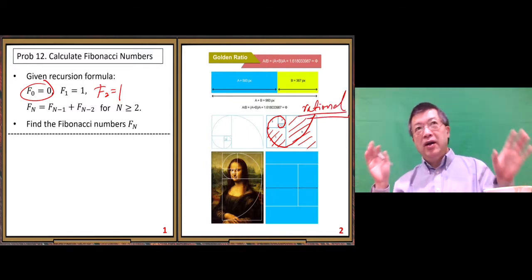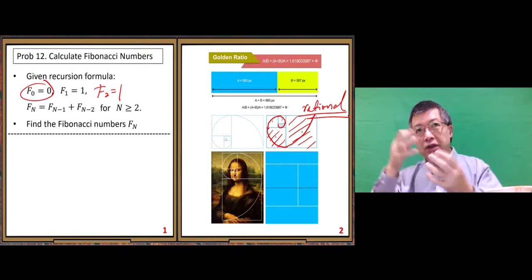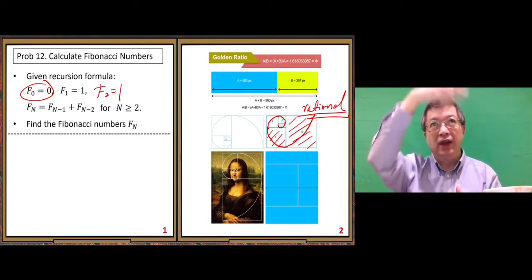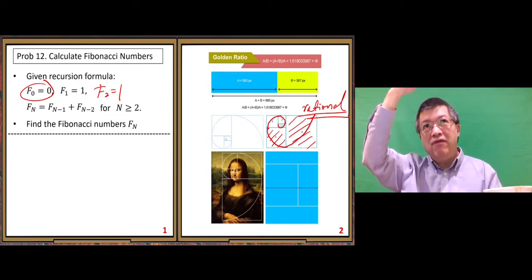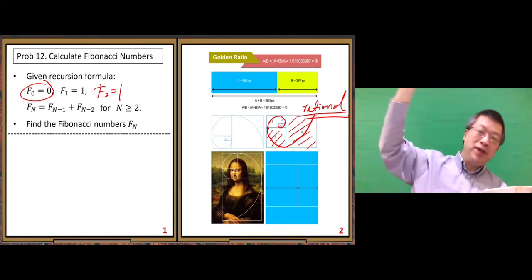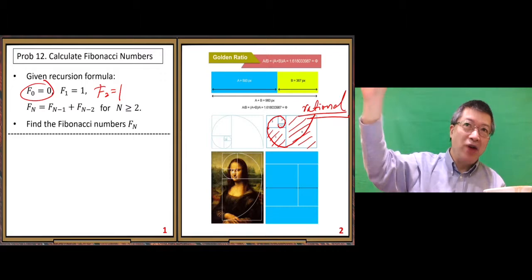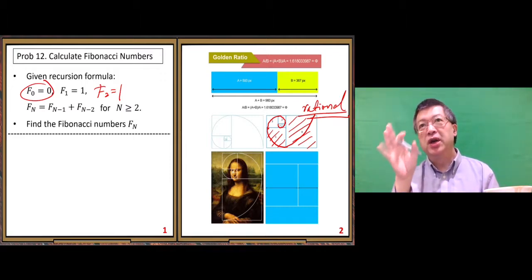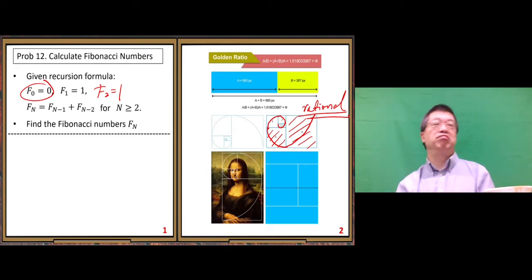This rational number keeps changing, right? Every time the ratio is different. Then finally there is a limit. So you have the limit concept, right? The limit approaches the golden ratio. So very nice relationship.